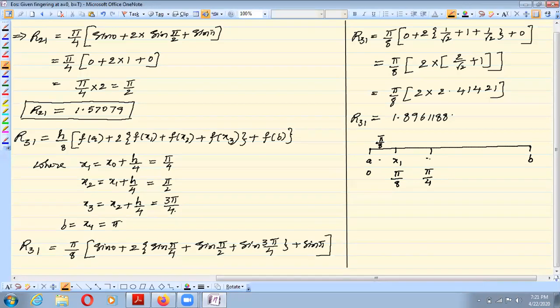That means 5 by 4. Next 3 pi by 8. This is x3. Next this one 4 pi by 8, x4. Next b is equal to 5.